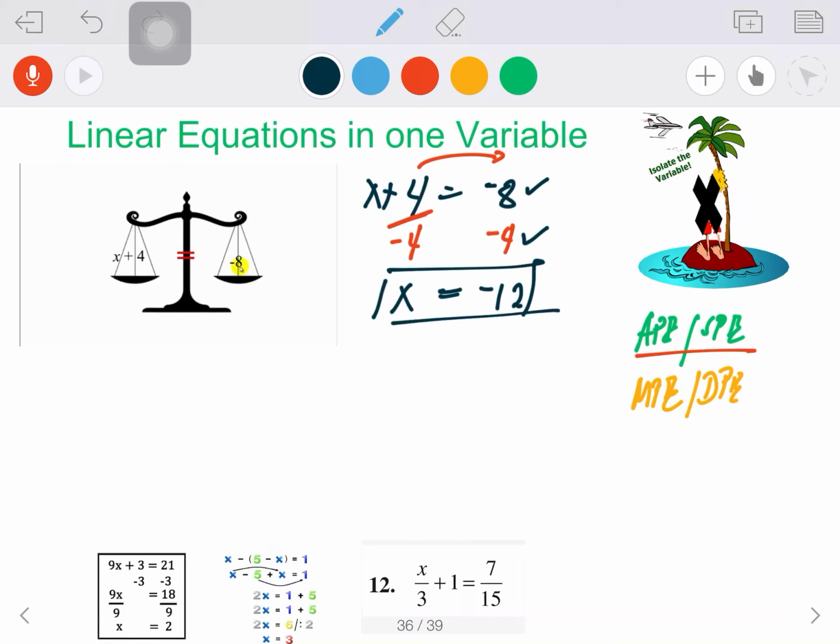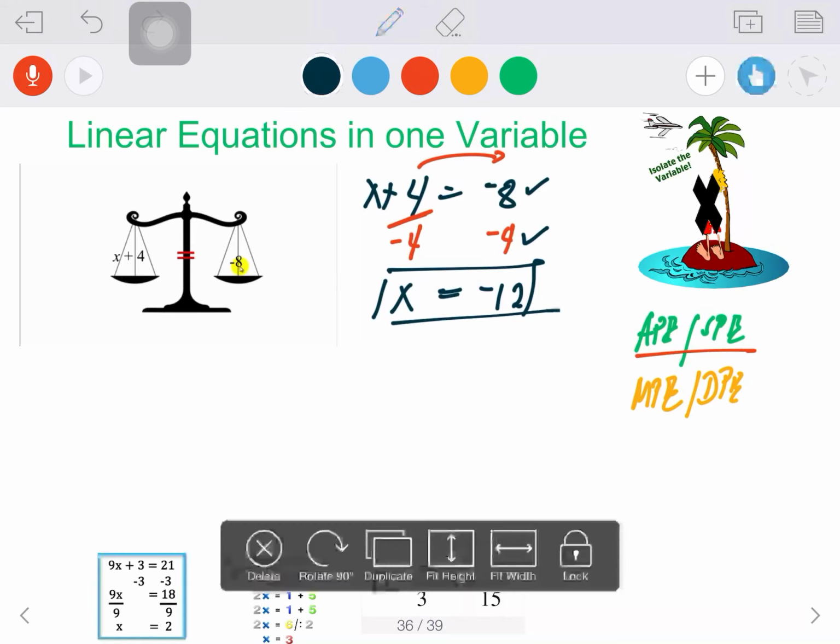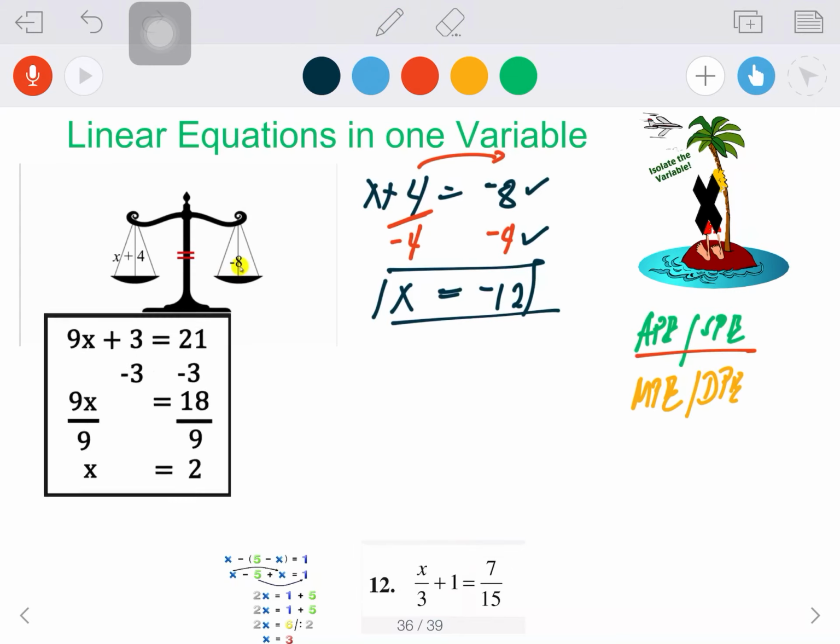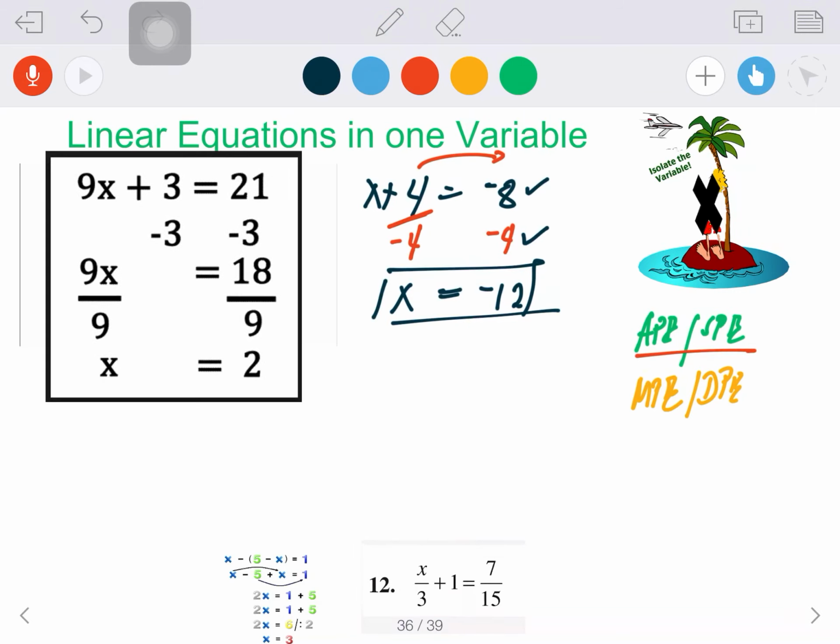Right? So we have a couple of examples left. Like in this case, try this one. You have 9x plus 3 equals 21. Same thing here: in order for you to isolate the variable, you have to use both principles, APE and MPE.